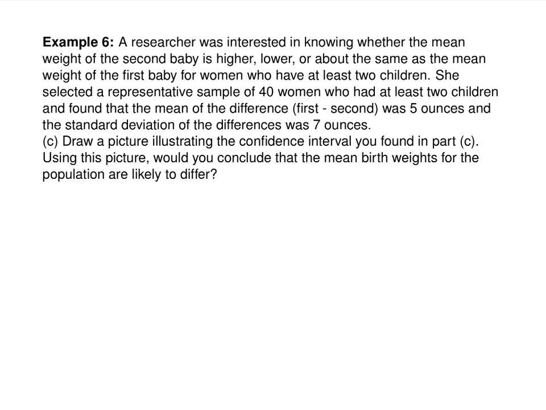Draw a picture illustrating the confidence interval that you found in Part C. And using this picture, would you conclude that the mean birth weights for the population are likely to differ? As in, is it true that the first baby is actually different than the second? So the picture that we're looking at here is just a number line with the confidence interval above it.